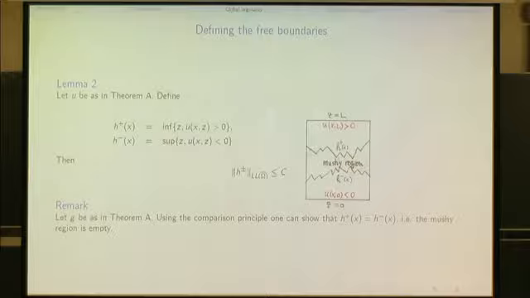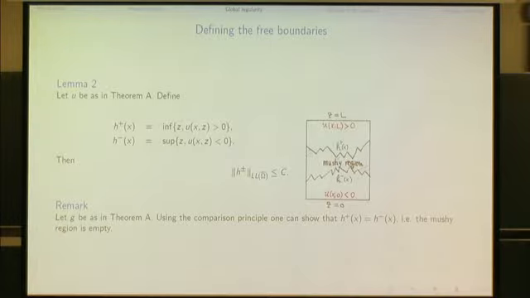You might have this so-called mushy region. A mushy region means that you have points where you have neither ice nor water, so your latent heat is not enough to make the change of phase. But if you have the monotonicity condition on your G, that forces these two, h plus and h minus, to coincide.